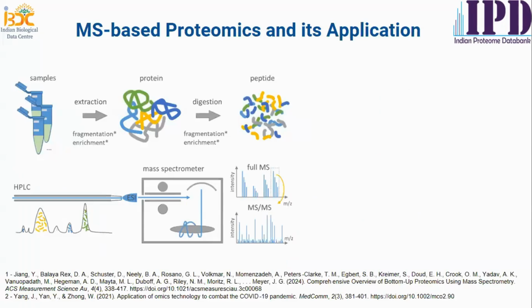If we combine proteomics and MS, the general workflow is to extract the proteins from the samples, then digest the proteins into peptides. These peptides are separated by liquid chromatography, then ionized, and pass through the MS analyzer and the detector, so that the MS identifies the full spectra of the proteome.